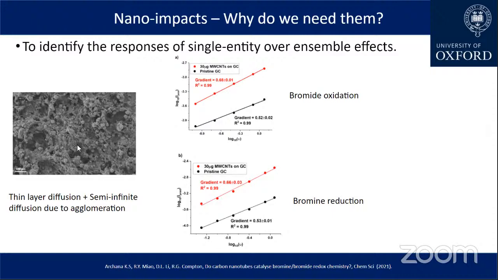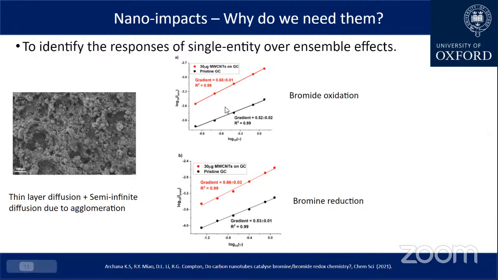What happens when it gets agglomerated is that, as you can see here, in a few pockets the electrolyte gets trapped in those pockets of the carbon nanotube, and these act as a nano level or micro level thin layer cell instead of a catalyst. So there are two different types of diffusion that can possibly occur on such a surface area.